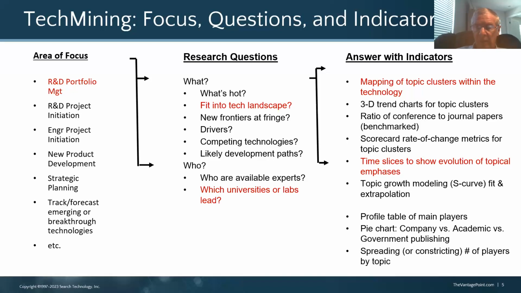And here we identify just a couple of our what, who, where, and when questions, such as how might our topic, our technology of interest, fit into its landscape? What are important competitors to keep track of? Who are potential collaborators to make overtures to? And the what and the who then point us toward potential indicators that we might like to try to generate.